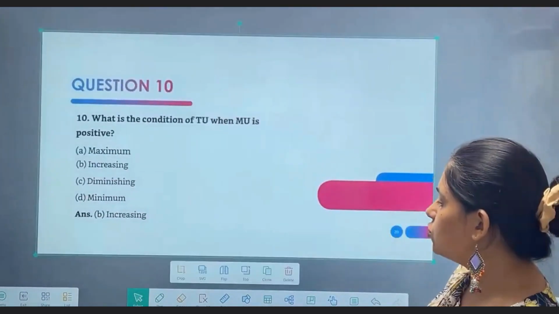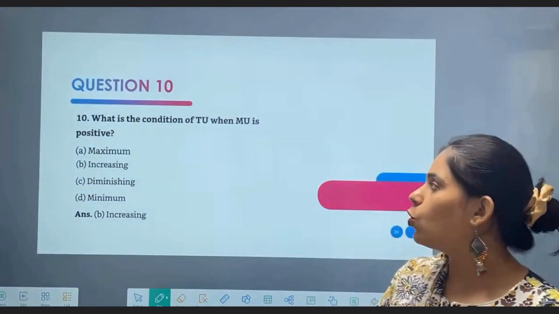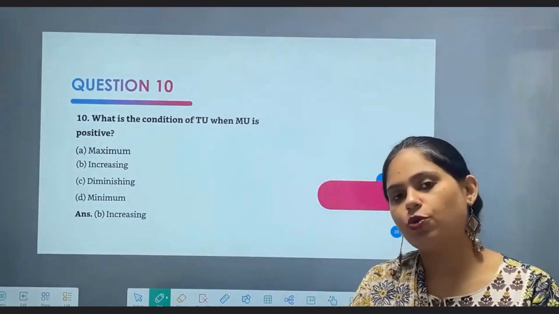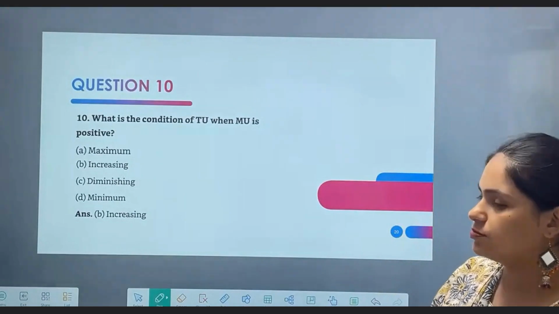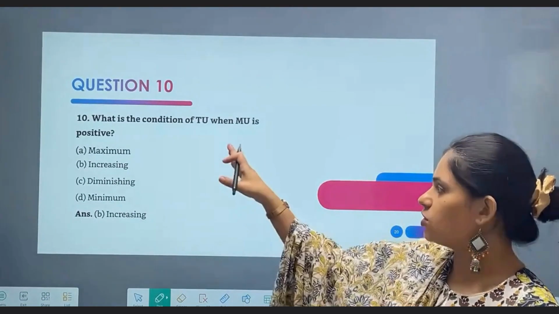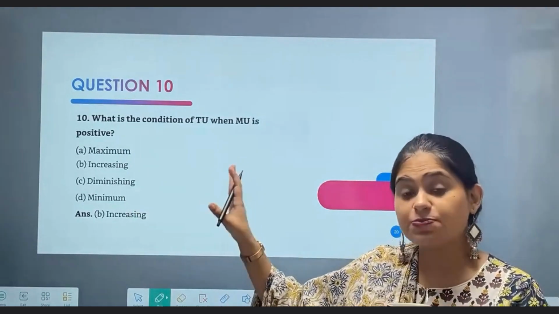What is the condition of total utility when marginal utility is positive? Try to answer this question.